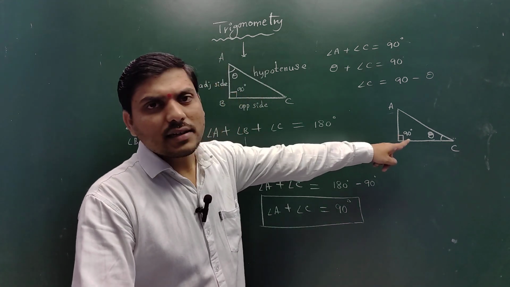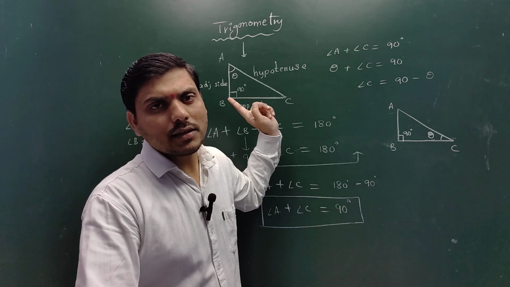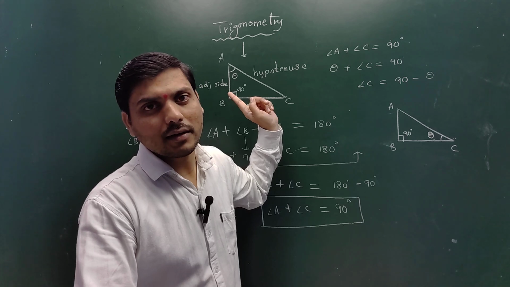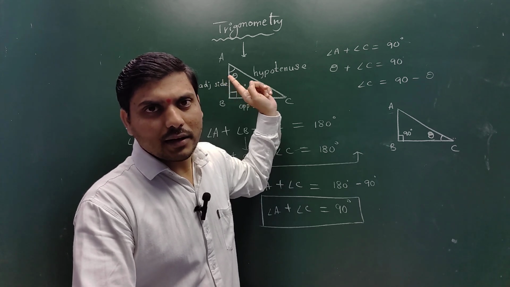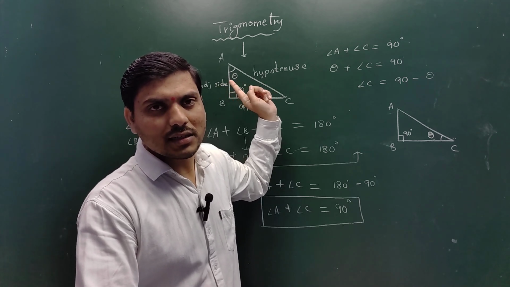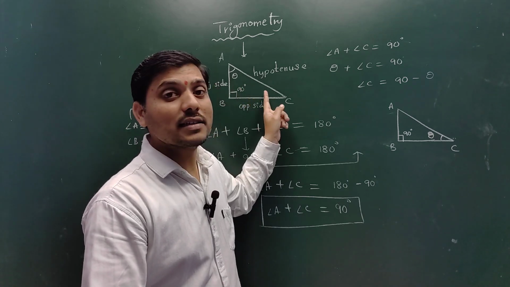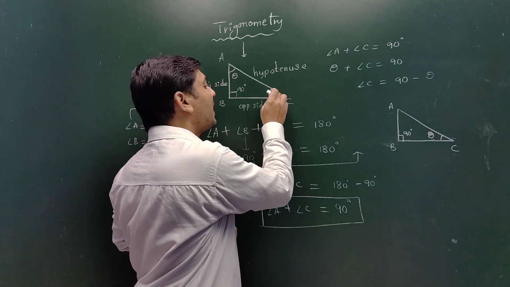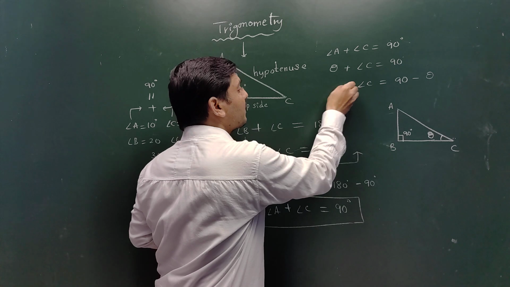In the first case, theta is represented at capital A. The capital A vertex has the angle theta, and the capital C angle is 90 minus theta.